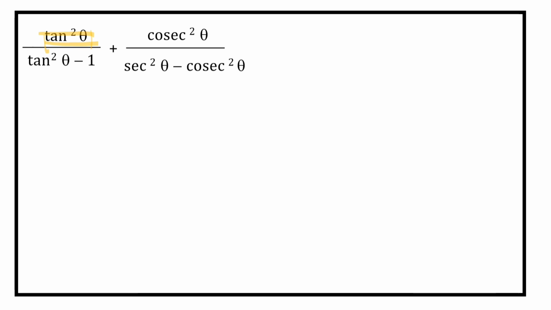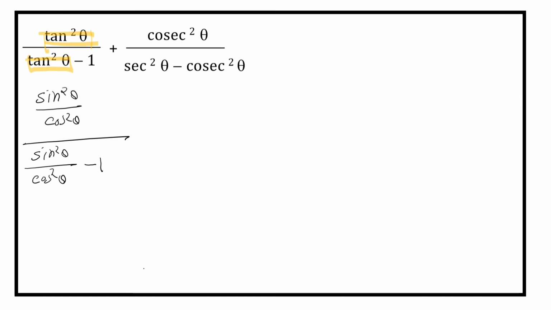Here sin square theta by cos square theta upon this tan square theta, also the same, sin square theta by cos square theta, minus 1 plus what is cosecant square theta?